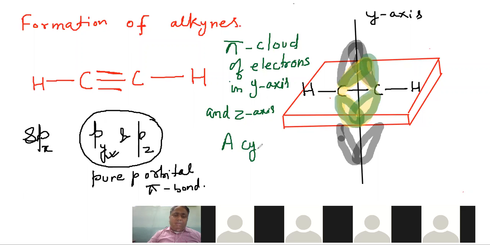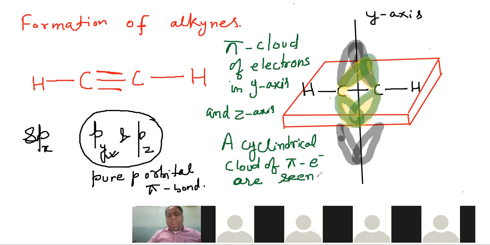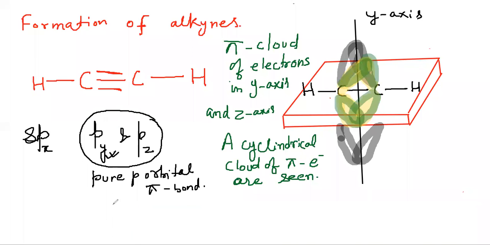A cylindrical cloud of pi electrons is seen. It is like this. A cylindrical cloud of pi electrons.